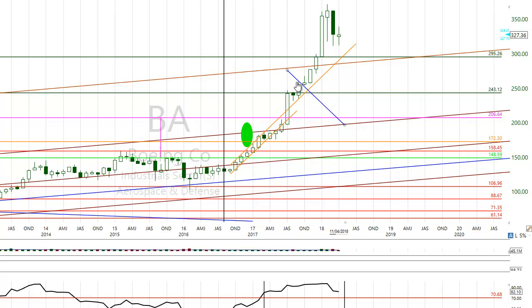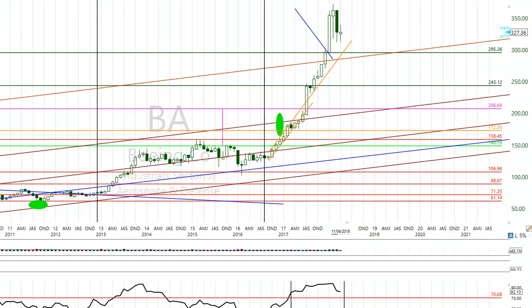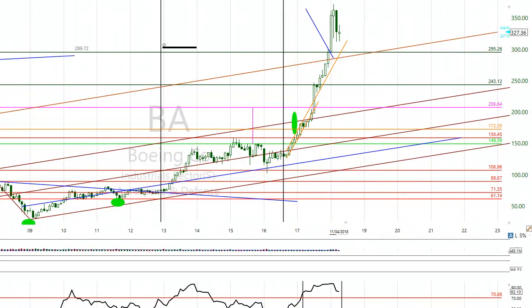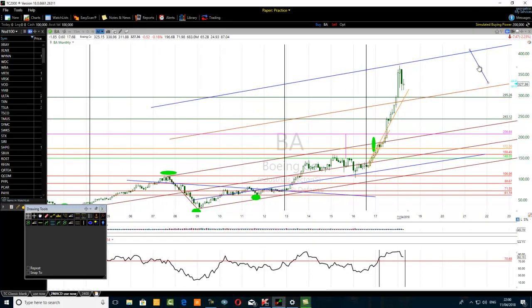We have that line there. And again, the price breaks above it, we project it again. We draw a line that is parallel to our first pitchfork tool, without cheating. We make sure it's truly parallel to that, okay?